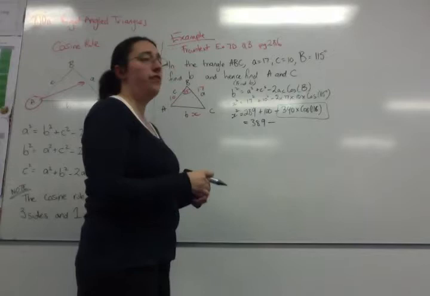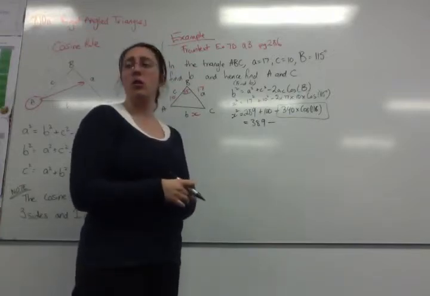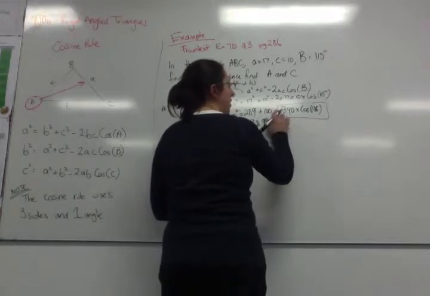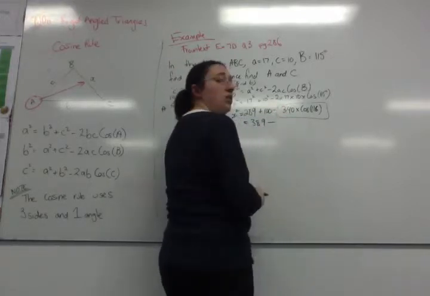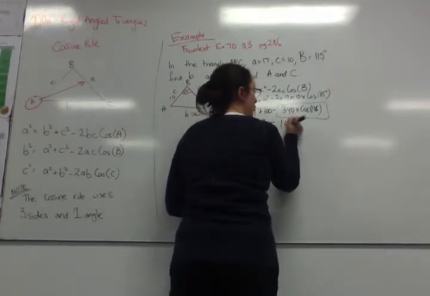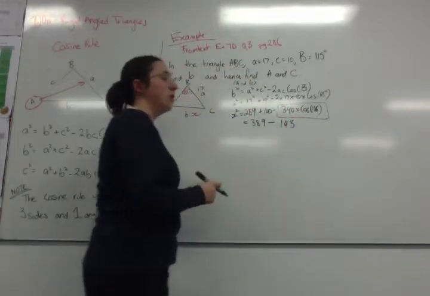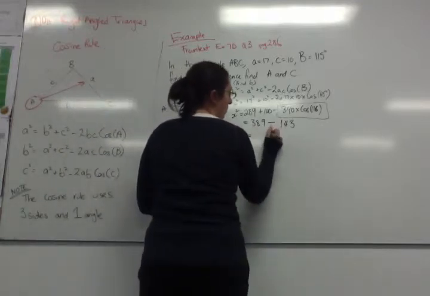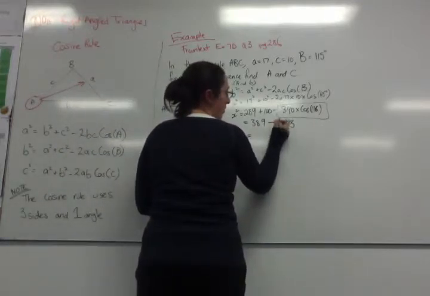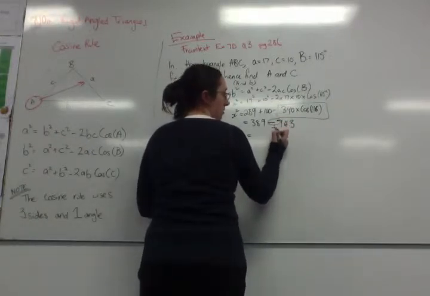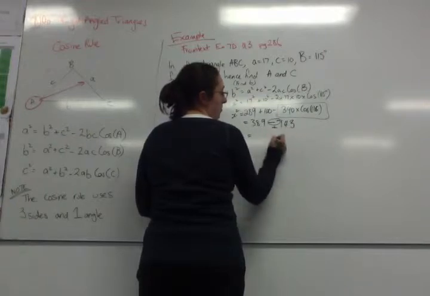The cos of 115 is negative. Wait, it's negative. Don't forget the negative. This is actually a negative without it. Yeah, so that becomes plus. So that becomes 219.